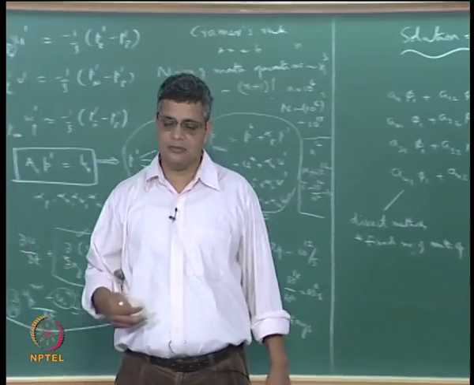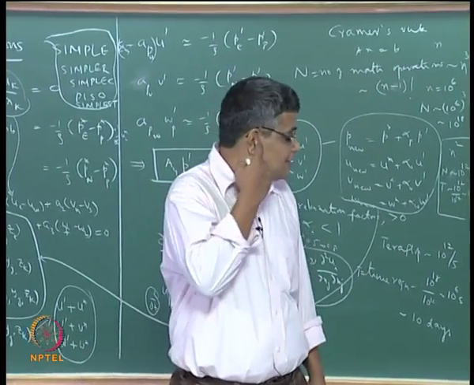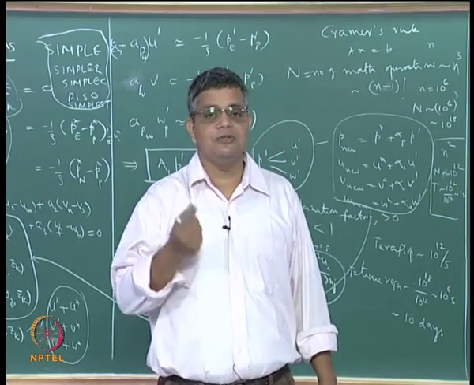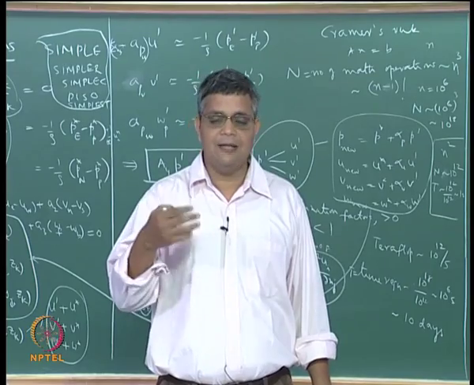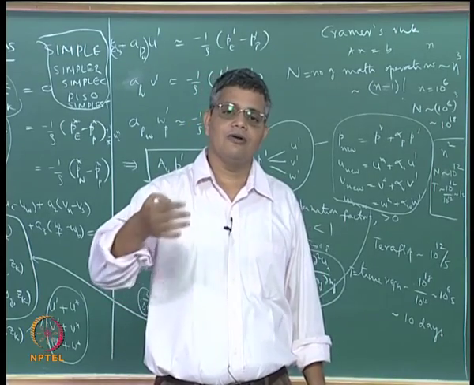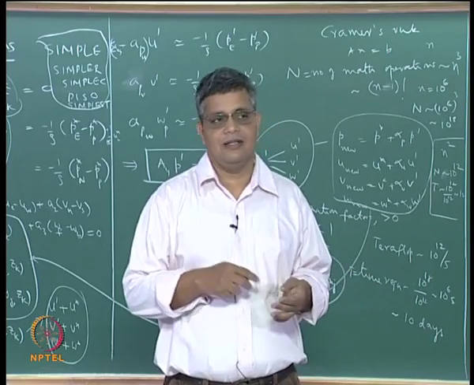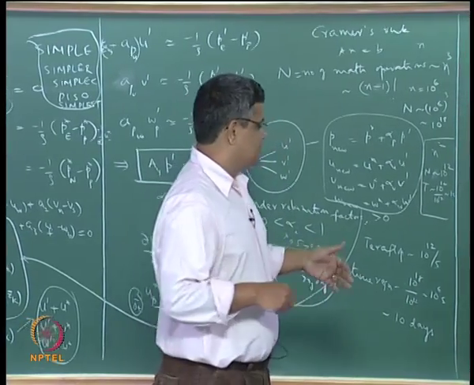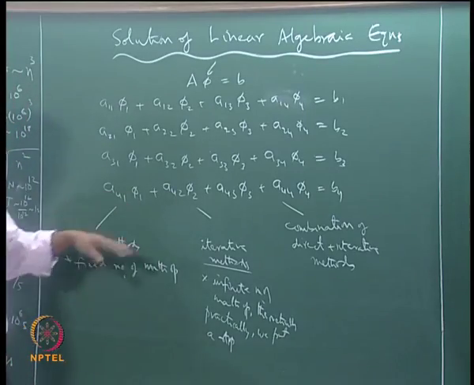Sometimes you may have to go through, that is, by the time you start the computation, a priori you don't know how long it will take to get to that satisfactory solution. So that is a typical characteristic of iterative methods, although one can do some estimates of that.